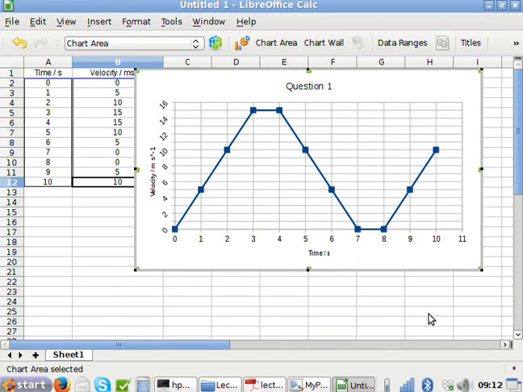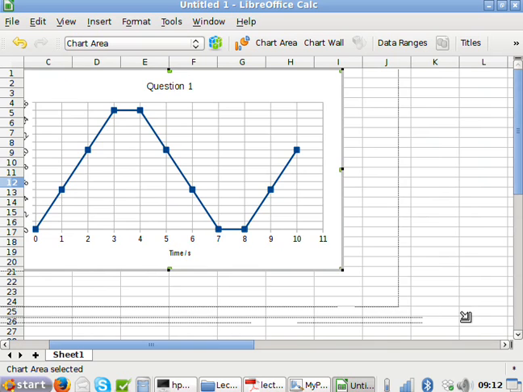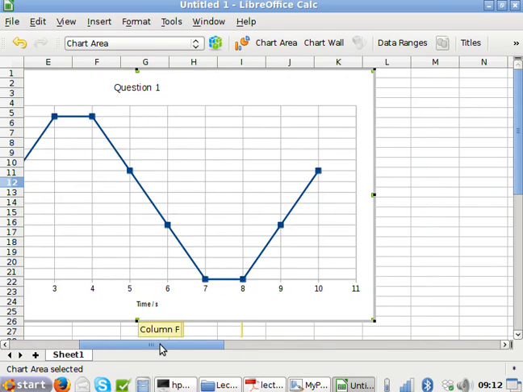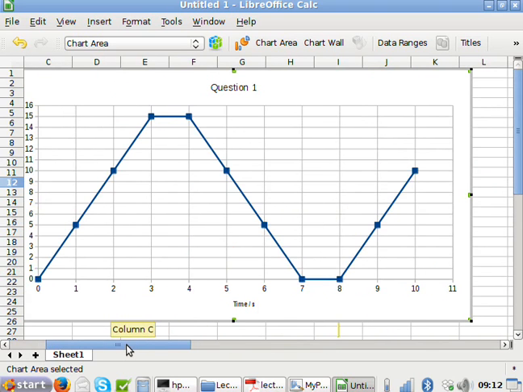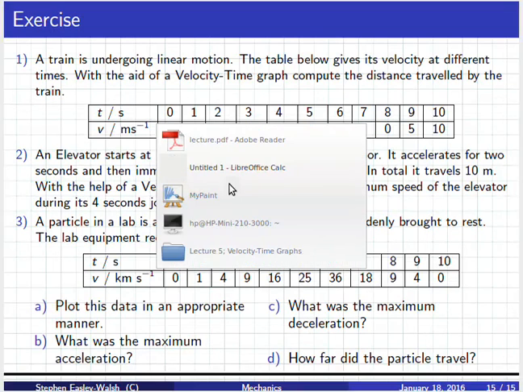Yeah, there we go. It worked, but it's too small to see all the numbers. Maybe I can make it a bit bigger. Work of art.